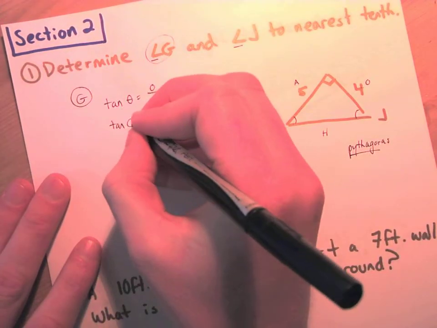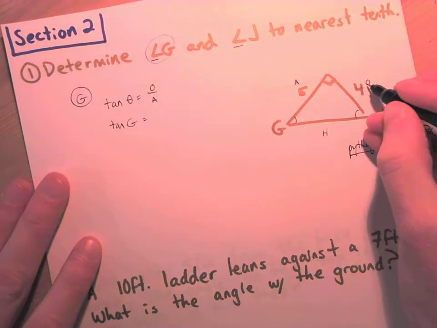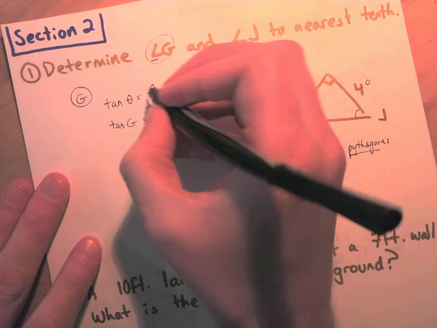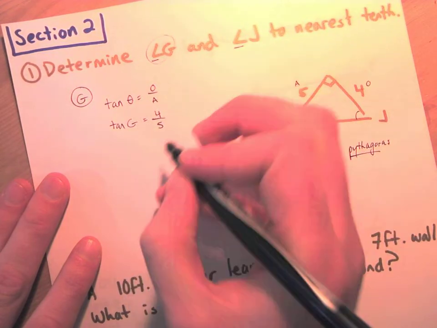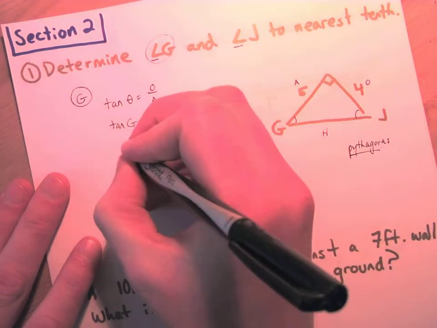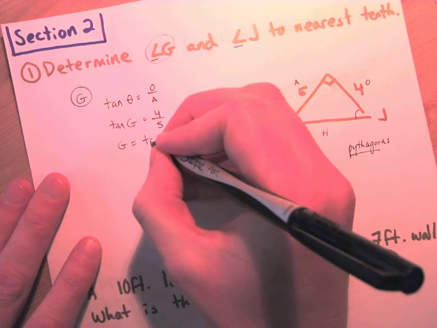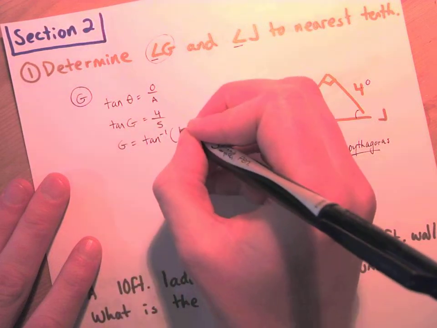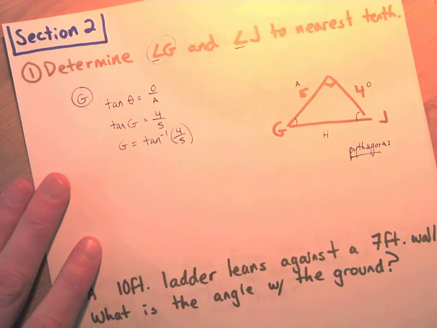So I'm going to go ahead and write tan of G is, instead of O and A, let's write the numbers. 4 over 5. And we have to find out what G is. So when you're solving for the angle, you have to do the opposite. So G is the inverse tan of 4 over 5. We're looking for an angle, so we're going to hit that inverse button.